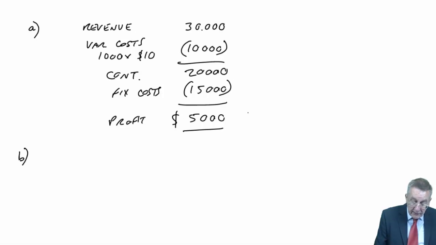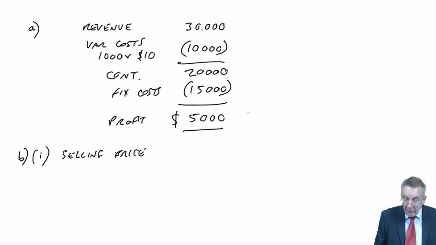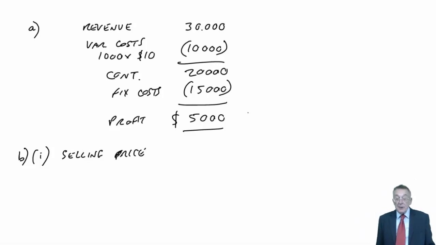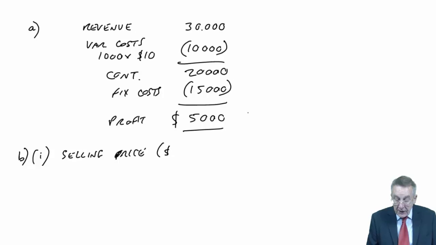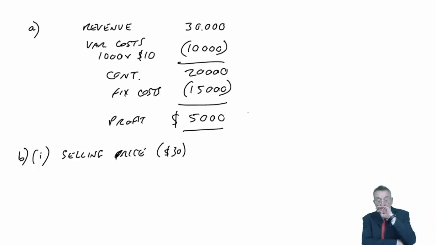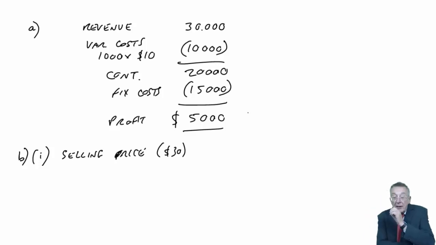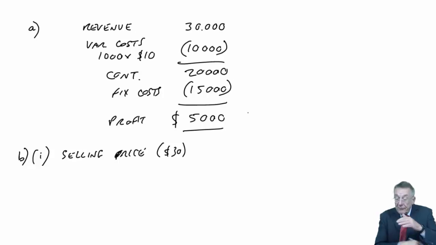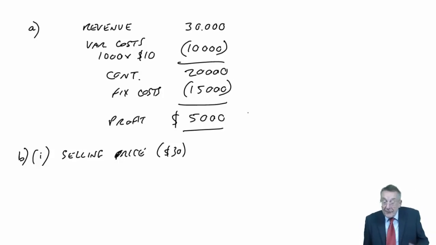It asks for the sensitivity of, firstly, the selling price. Our selling price, based on 1,000 units, was $30, therefore the revenue was 30,000. We assume, for the minute, everything else is certain, so variable costs are 10, fixed costs are 15.